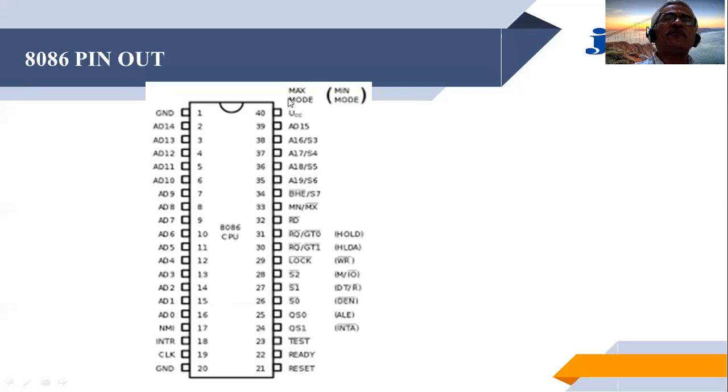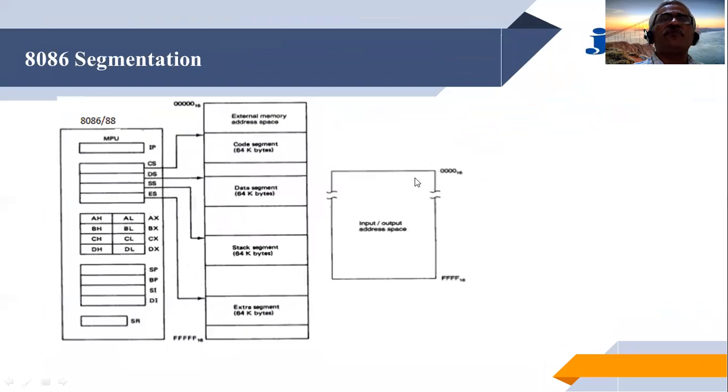So in all we have 20 address lines on the chip. With 20 address lines, the total memory space accessible by the 8086 is 2 to the power of 20, which equals 1 megabyte.